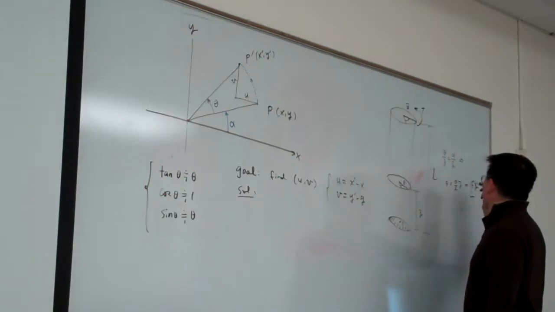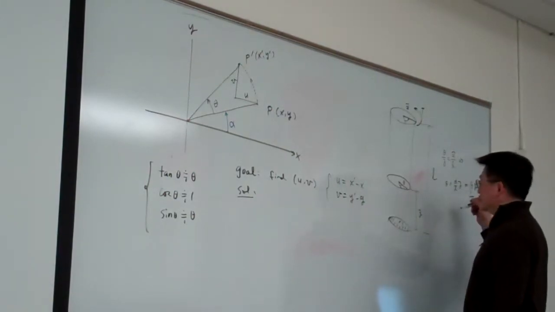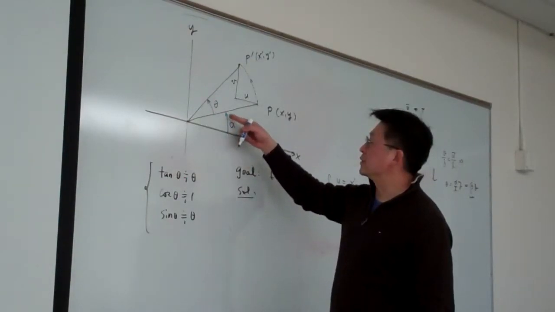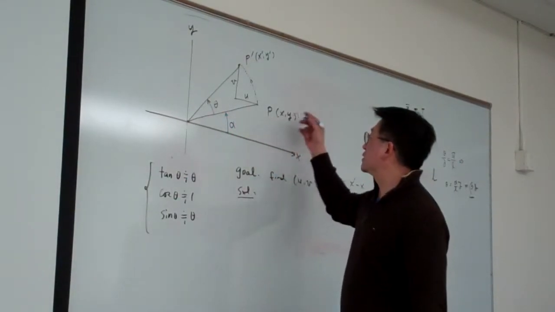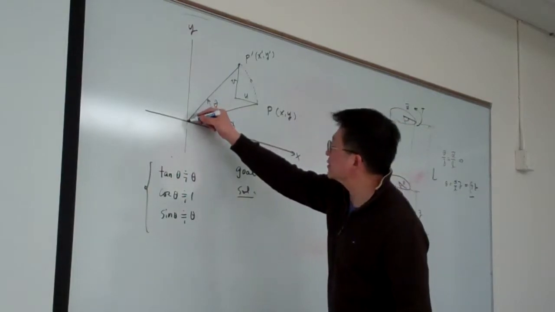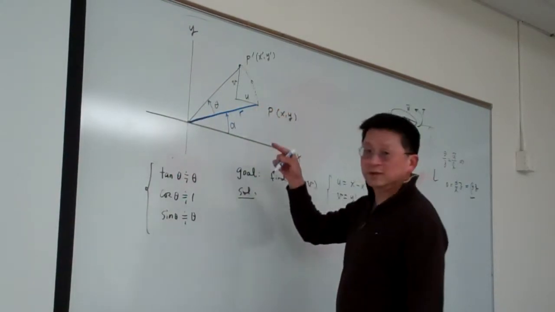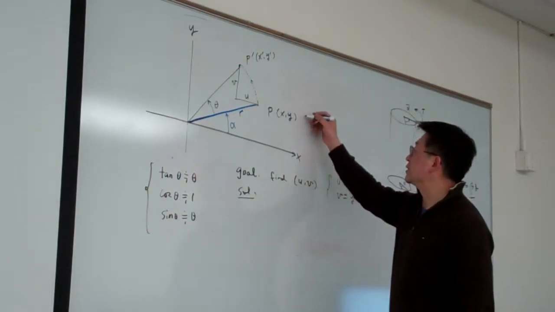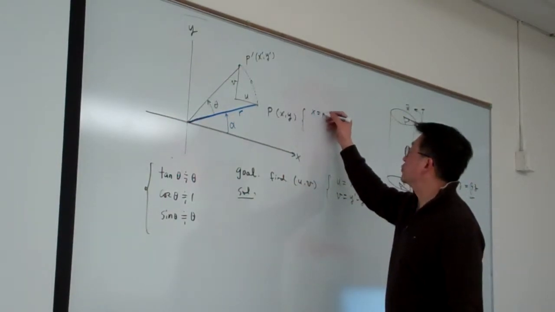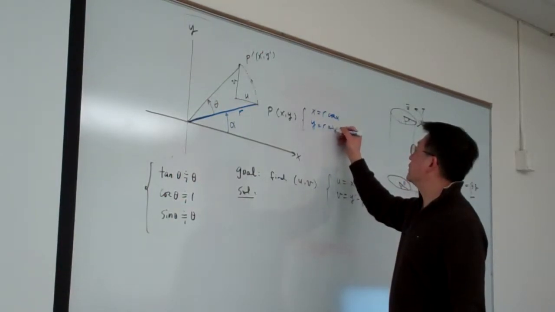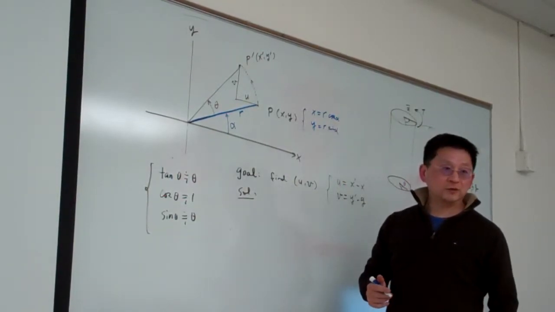So basically for P, the radial distance is simply R. So in this way, X equals R cosine alpha and Y equals R sine alpha. So that's additional information to help us.